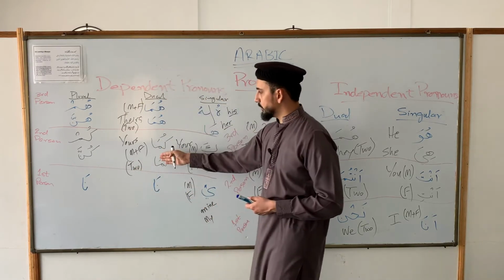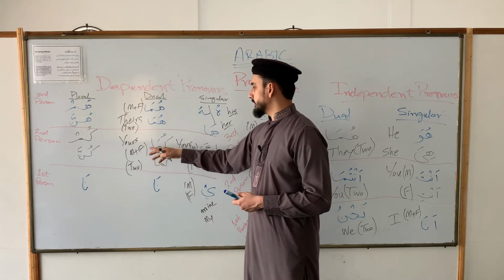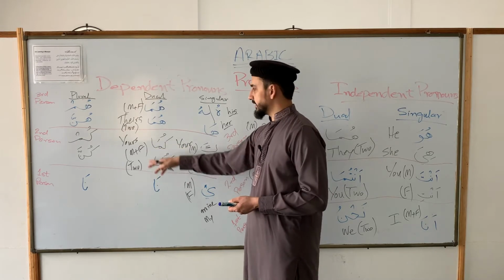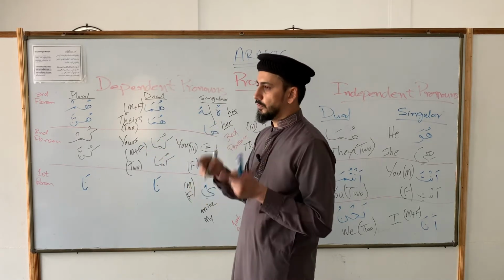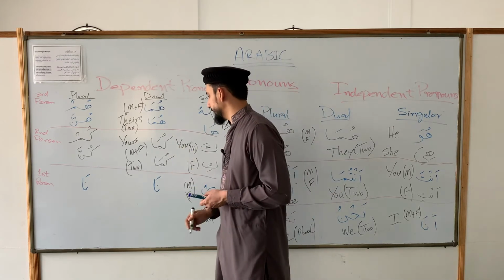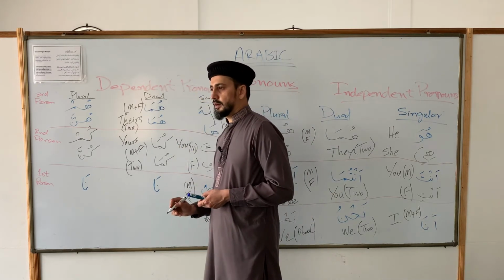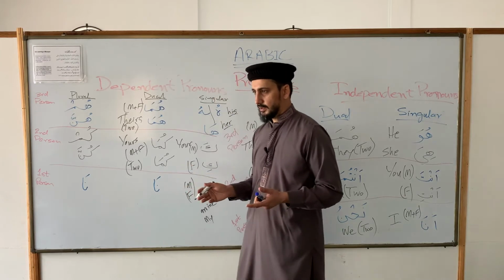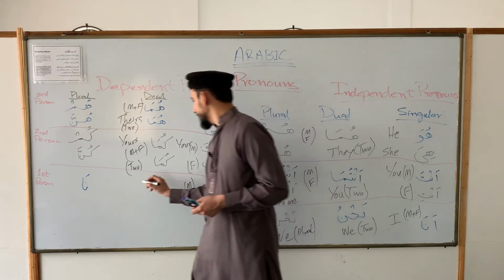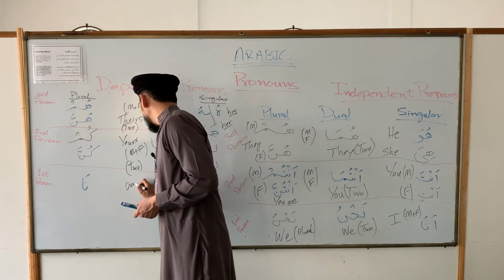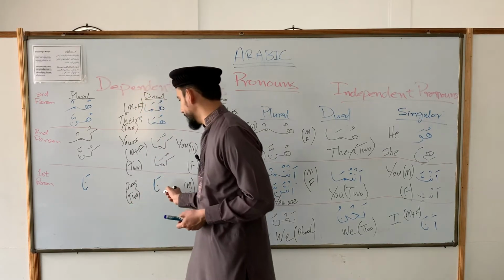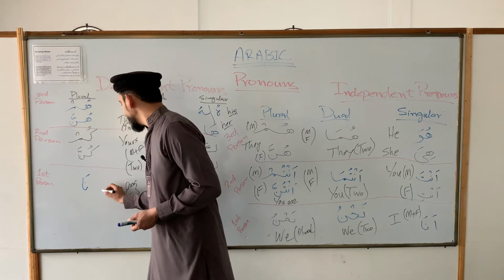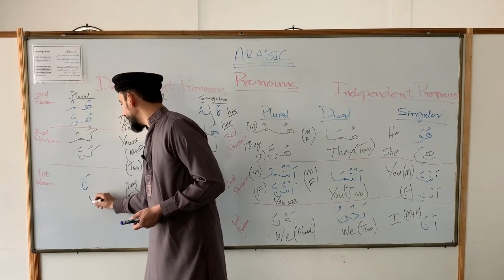Because they are dual, but we don't say you two, yours two, we just say yours, but we know it means there are two males or two females. Use the same for them. Na is used for we or ours, right? So when we say ours, it can be used for two, or it can be used for plural as well, right?